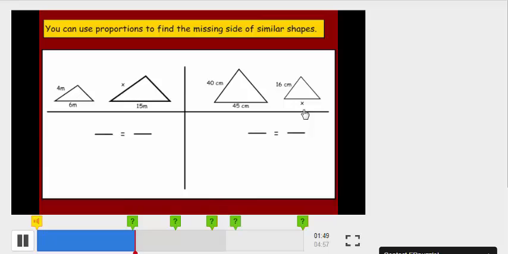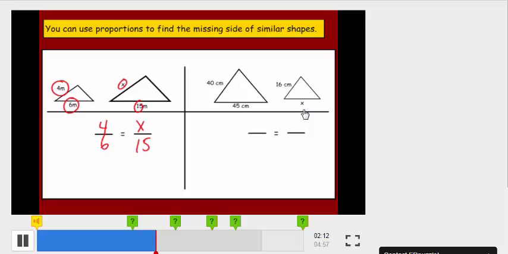So we can use proportions to figure out missing sides of similar triangles. It's real easy to do. In this first example, the ratio of this triangle is 4 to 6, and it's equal to the ratio of the second triangle, which is x to 15.